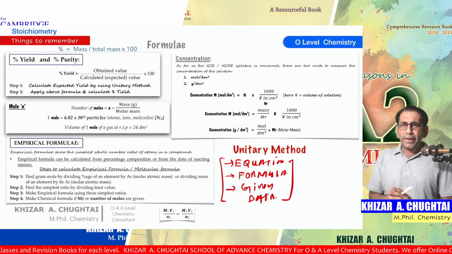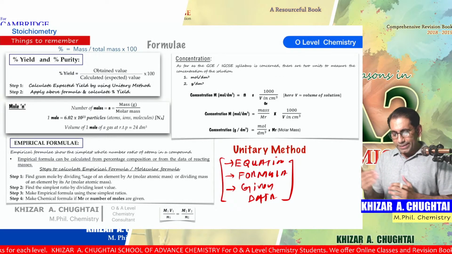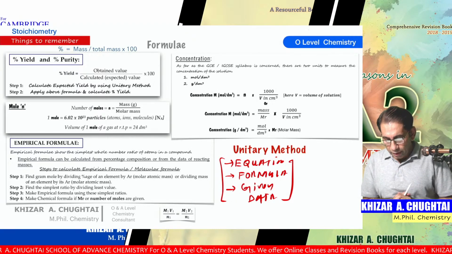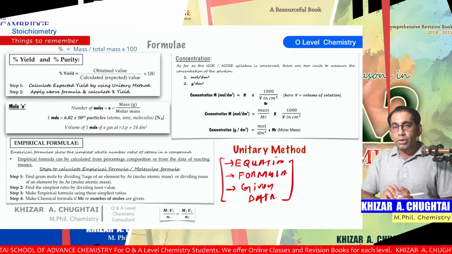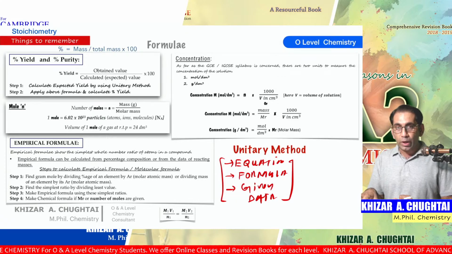So these are the typical 1, 2, 3, 4, 5, 6, 7. Overall, I think 6 to 7 formulae are over here, those are used to solve all types of questions present in your P2 O-level chemistry.